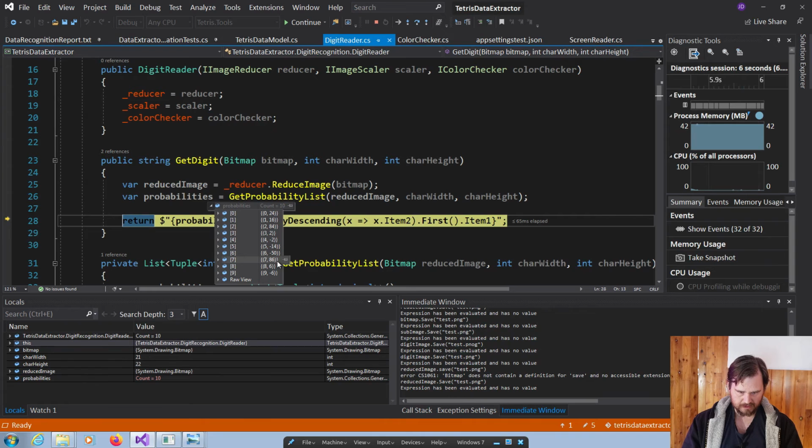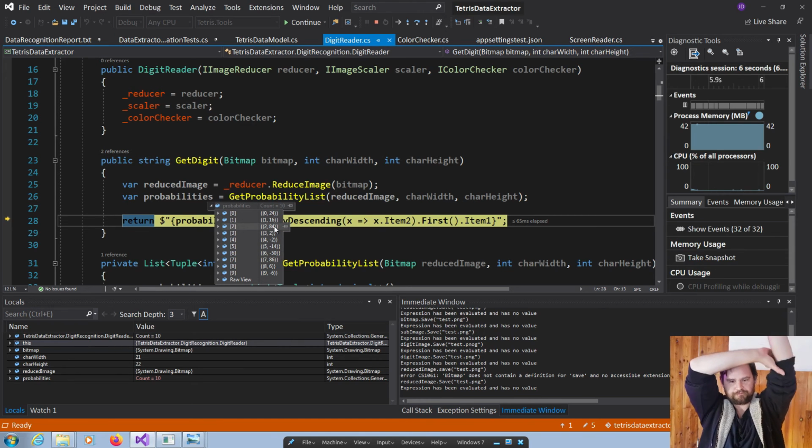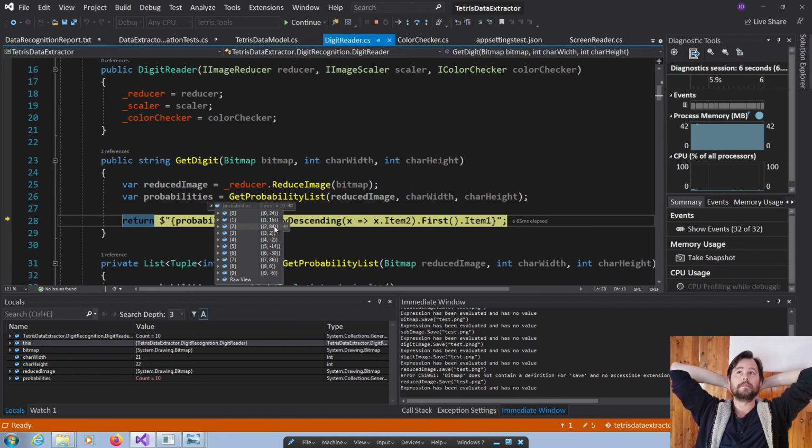Probability that it's a 7 is 86. The probability that it's a 2 is 84. So they're almost identical. It's just not quite there. And so I think what is going to happen. Now, I can play with the black pixel level one more time.